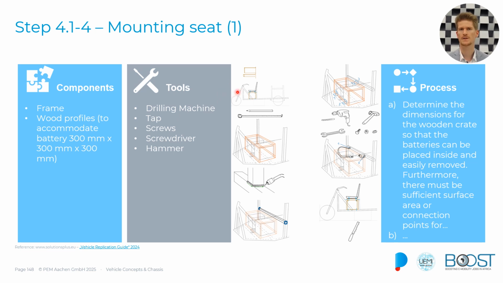As you can see in the description over here, we take into account the current size of the battery. Then we build a box around it, basically a cuboid shape, and we set this box up around the battery and place it there.